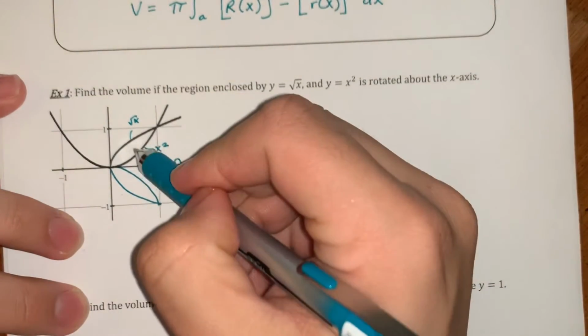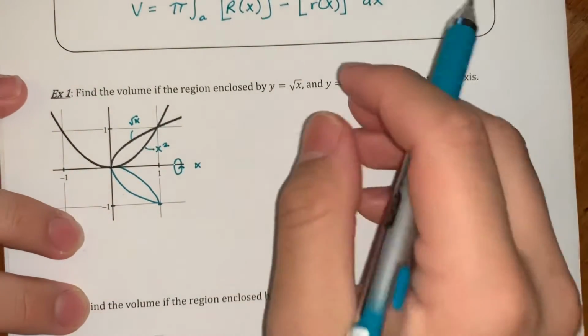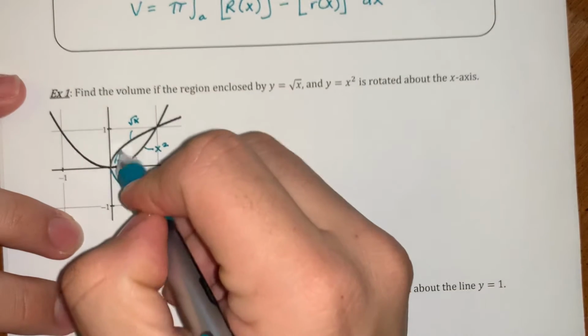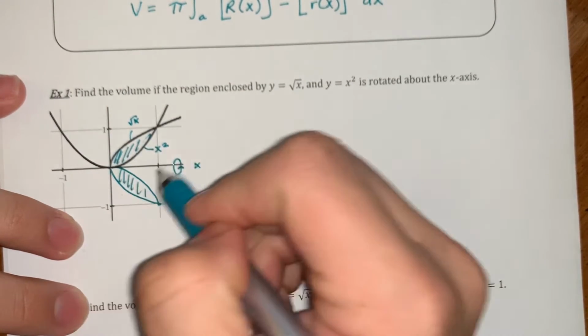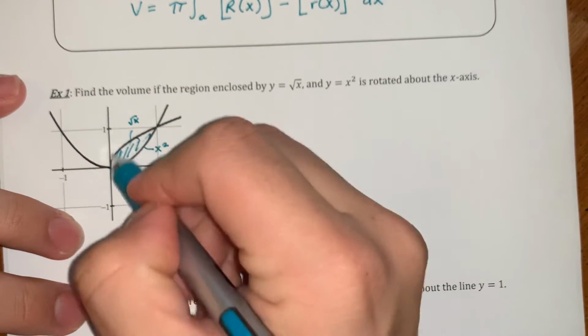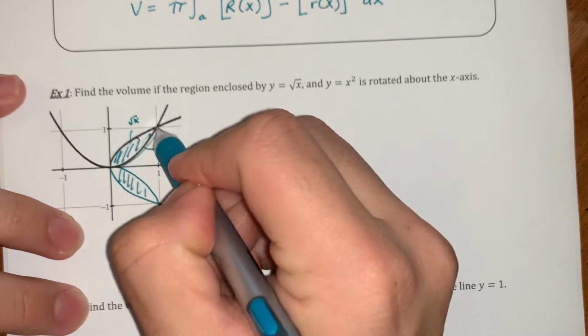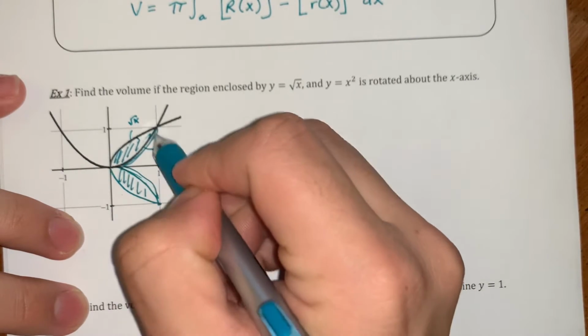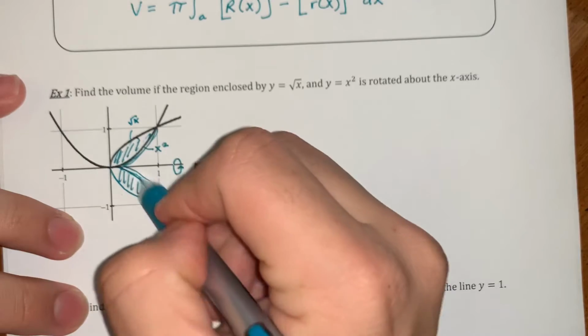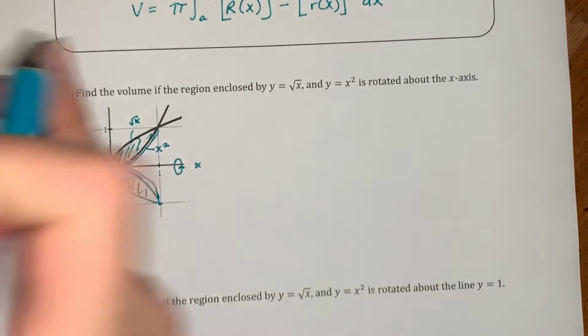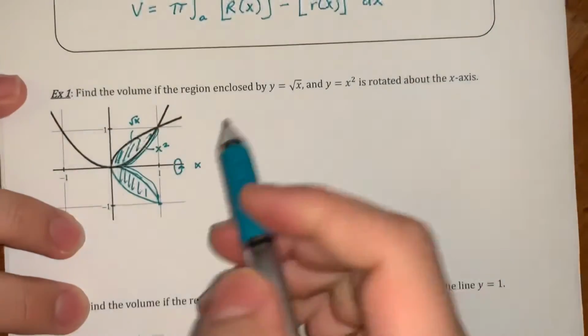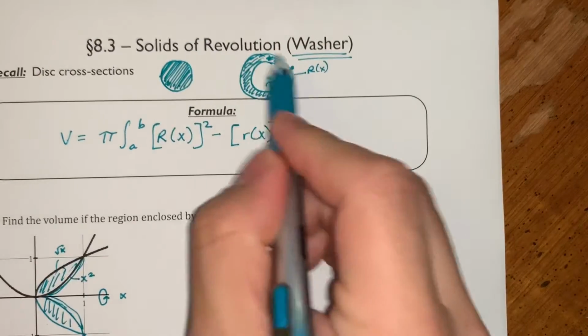I wish I had some technology to show you what this looks like, but if you rotated this figure all throughout, you're going to end up with a nice hollow space within that region right there.